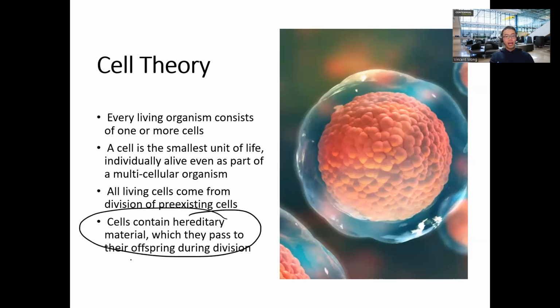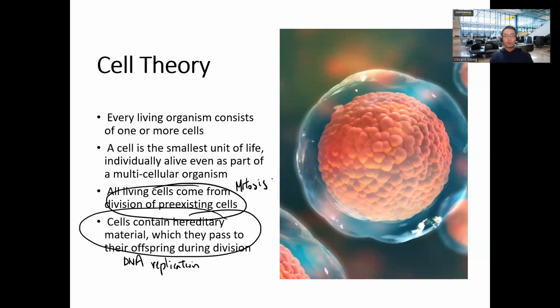That is basically what happens with DNA replication, right? That's the whole reason why we copy our DNA, so that we will be able to pass it on to the next cell when they divide. And the 3rd point says all living cells come from pre-existing cells. So this is mitosis.